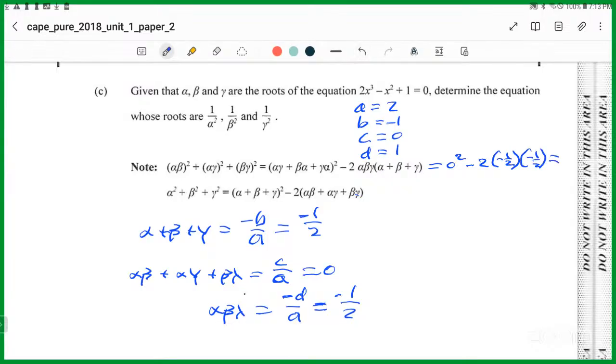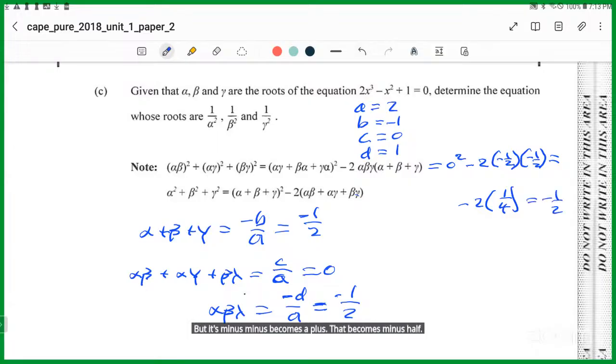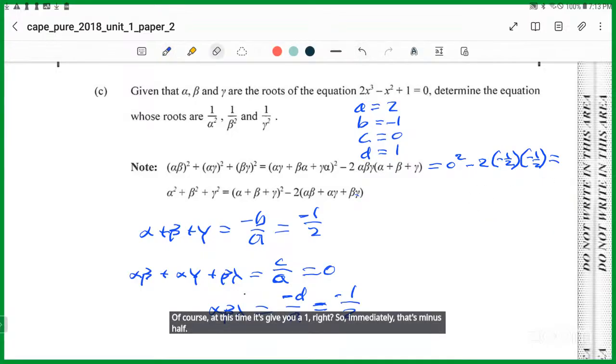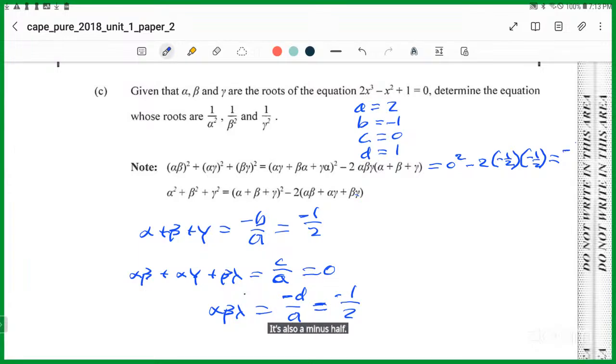Let's put what that is equal to right there. So this becomes minus 2 times a quarter, because minus becomes a plus. That becomes minus half. So this thing is minus 1 over 2.